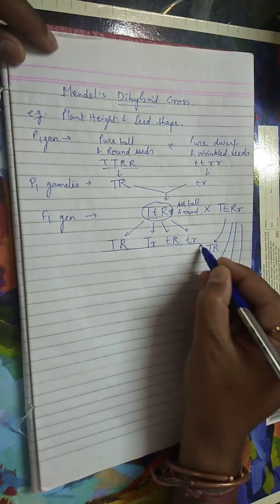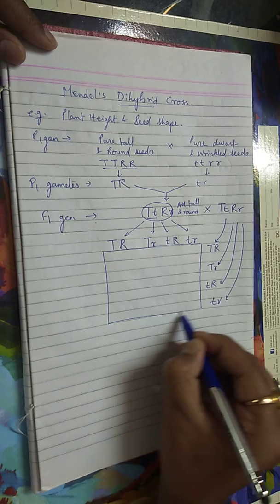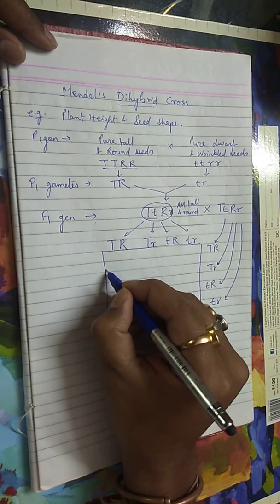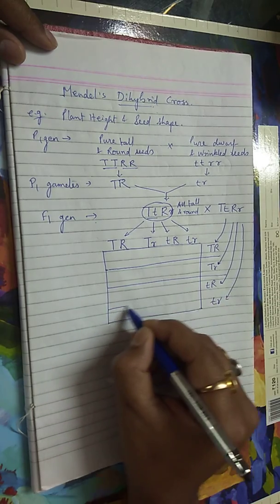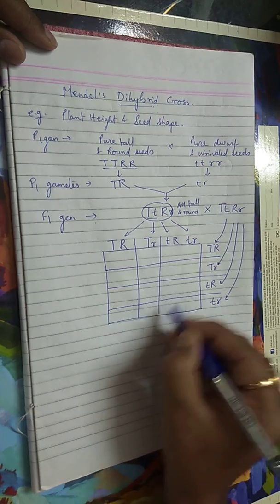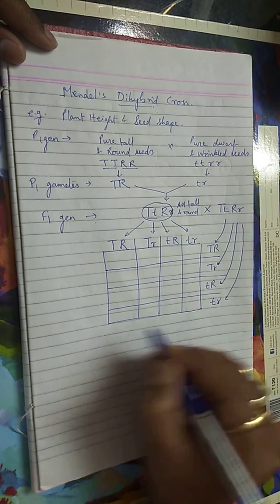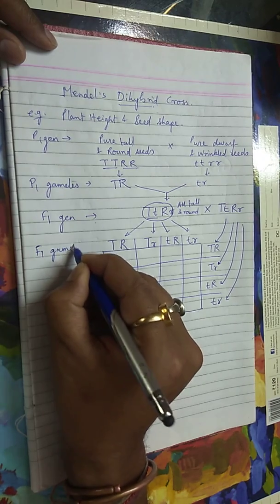So we make a Punnett square. Write the gametes properly. Don't write the gametes somewhere else and the box somewhere else. So these are the F1 gametes.